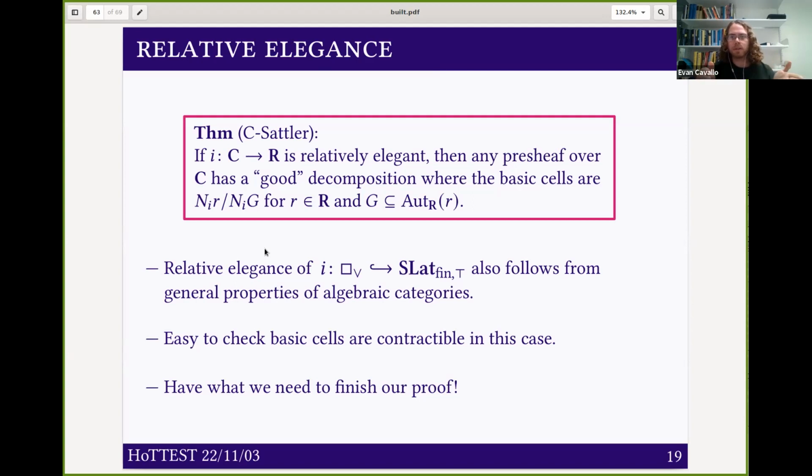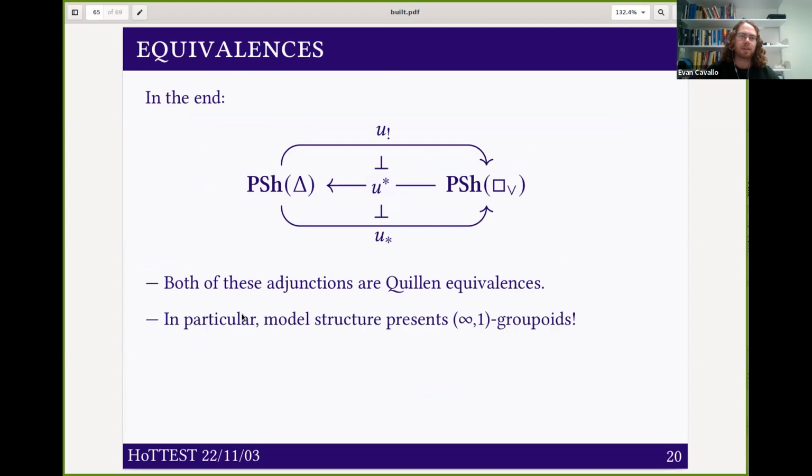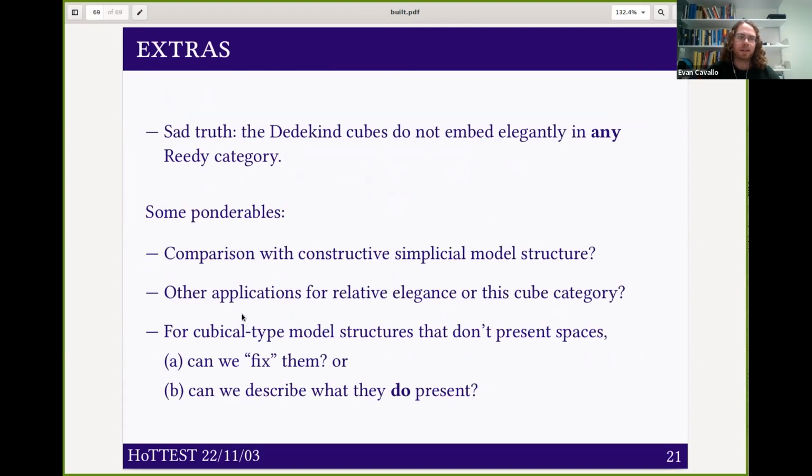We know they're equivalent now by combining the comparison through simplicial sets. But there we can define them both constructively, but we don't know if they're equivalent constructively. And we also have these constructive versions of the simplicial model structure, so we can ask whether those things hold constructively.